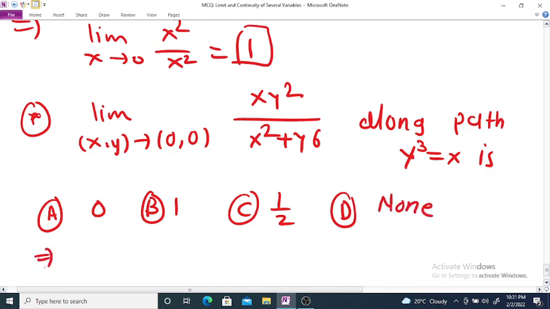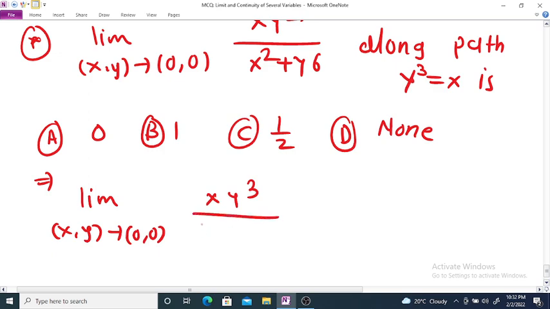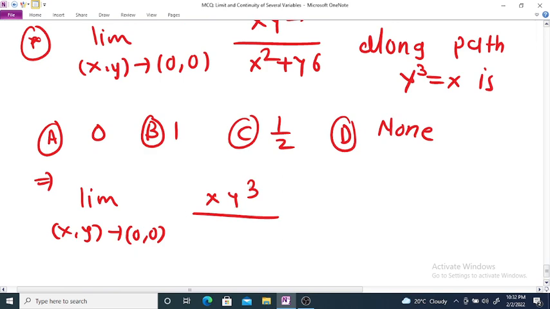So if we want to find this limit along the path y cube is equal to x, this limit (x,y) tends to (0,0) of x y cube divided by x square divided by x square plus y^6 becomes limit x tends to 0.